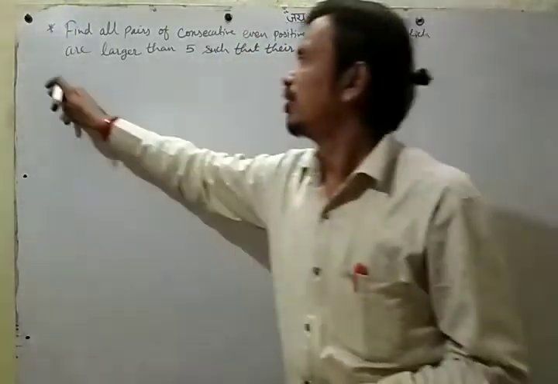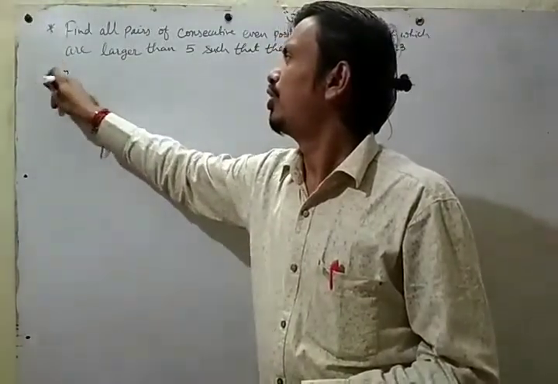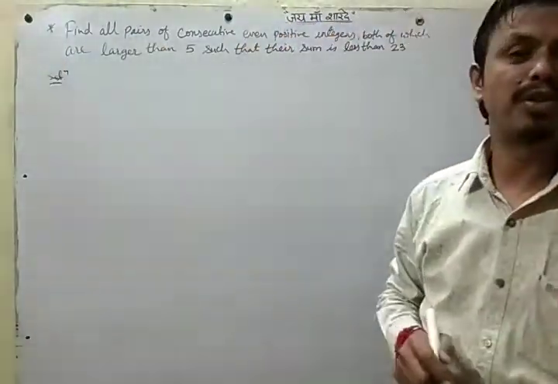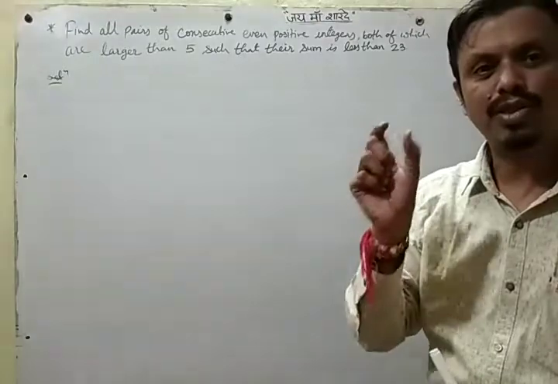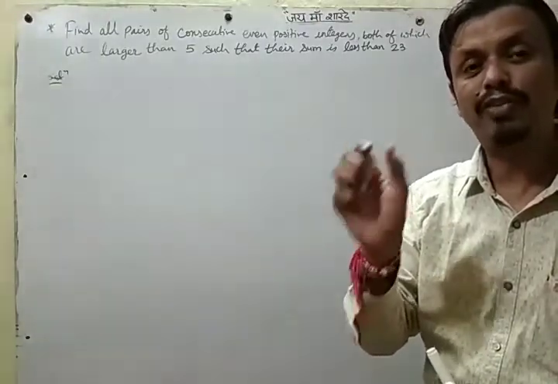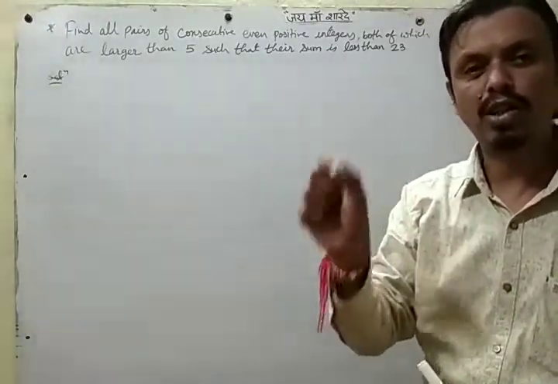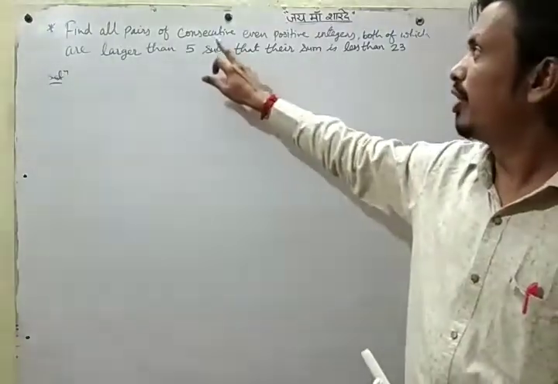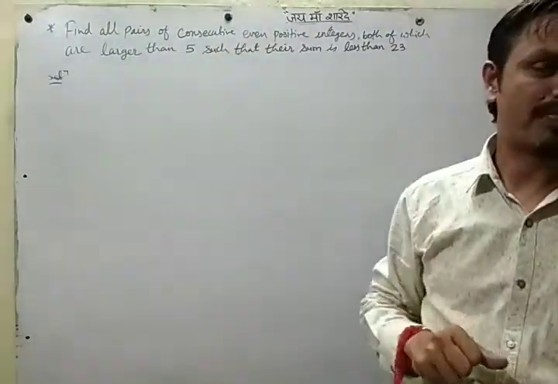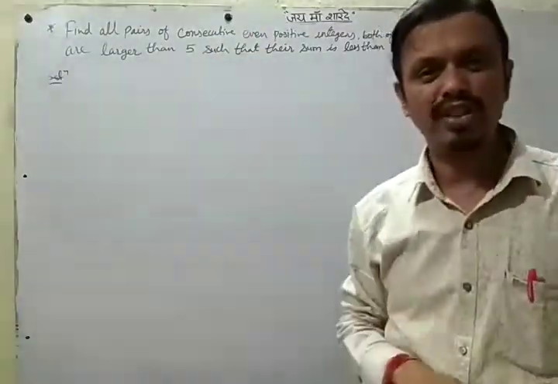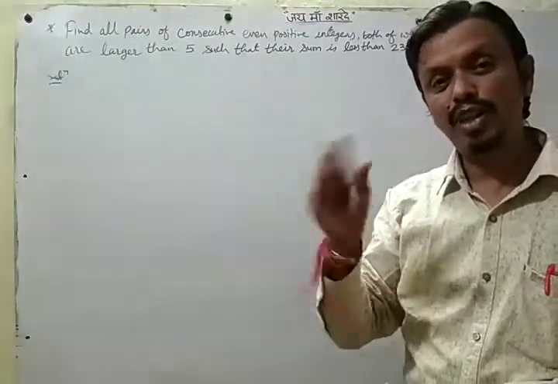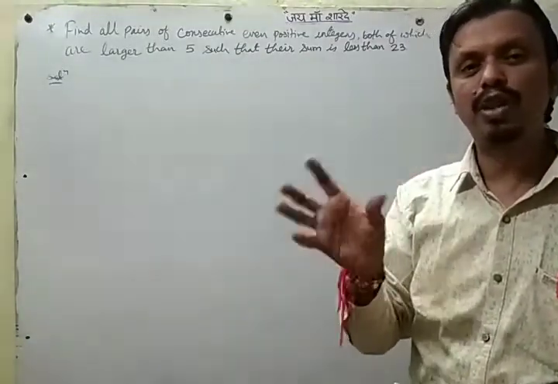Okay? So suppose consecutive numbers. What are consecutive numbers? The numbers which have difference 1 are called consecutive numbers. Here we have consecutive even positive integers. So in case of even, difference of two numbers is 2.